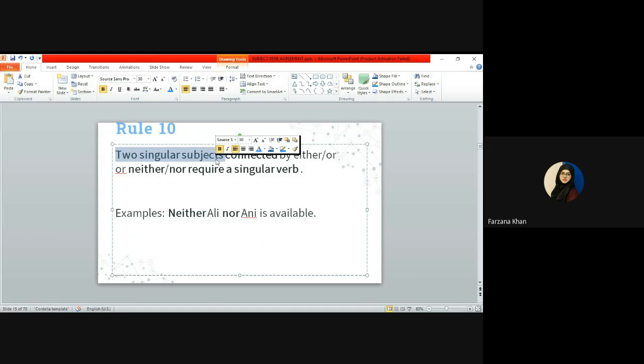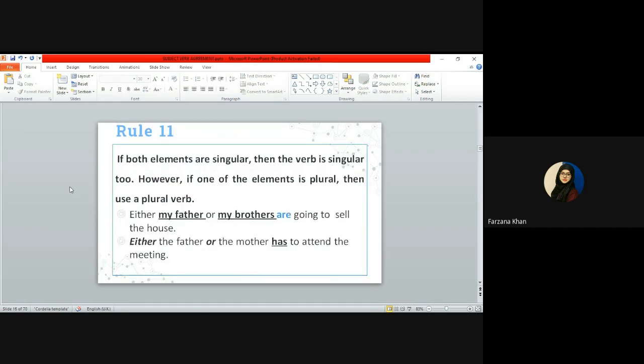If the subjects are two singular subjects which are connected by either or and neither nor, then you will use singular verb. But if one of the subjects is singular but the other subject is plural, then you will go for plural verb. If both of the subjects are plural nouns connected by either or or neither nor, then definitely you will go for plural verb.